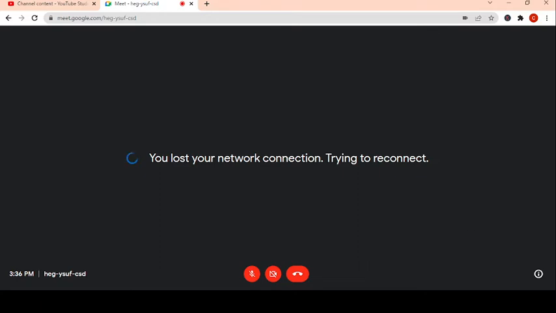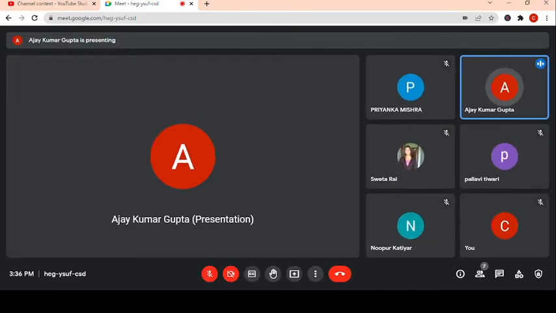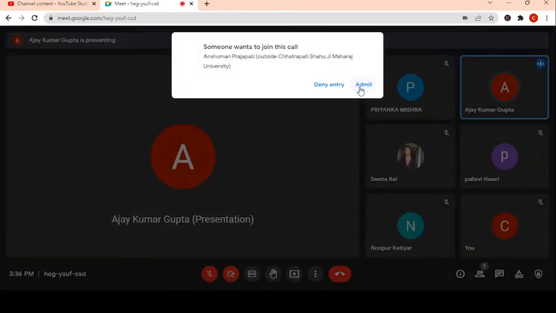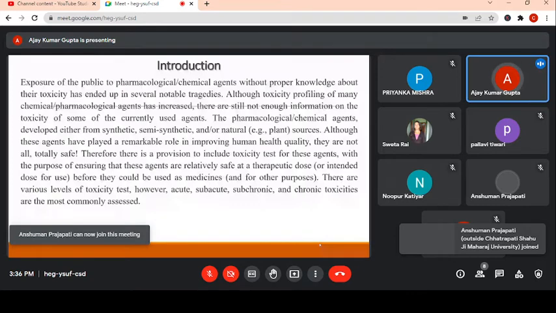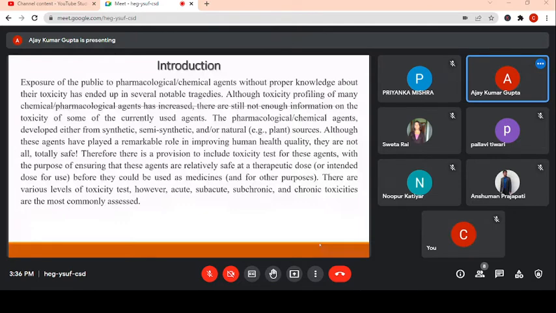Otherwise, I could give an example of such a tragedy which has been studied by all of you in the same subject, that is pharmacology, introduction of pharmacology, because of which the concept of teratogenicity came into existence, and that was the example of thalidomide. I hope all of you recall.